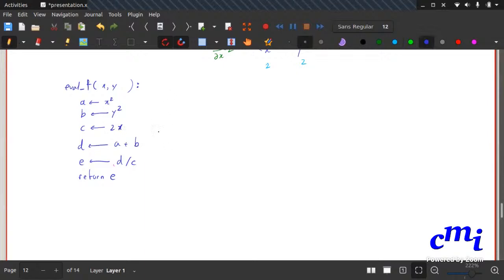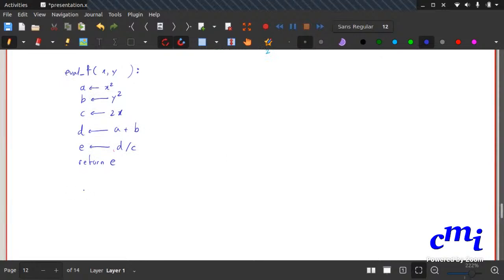From an implementer's point of view, whenever you want to get the partial derivative, all that you would have to do is write some code like this: let's say some variable v is equal to f, and you pass in 2, comma 2.